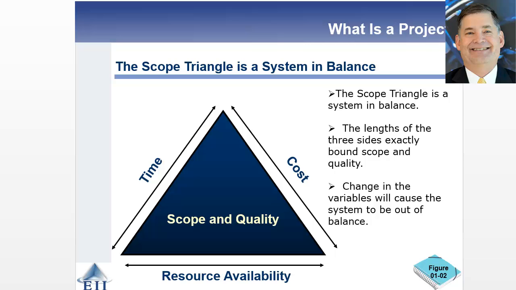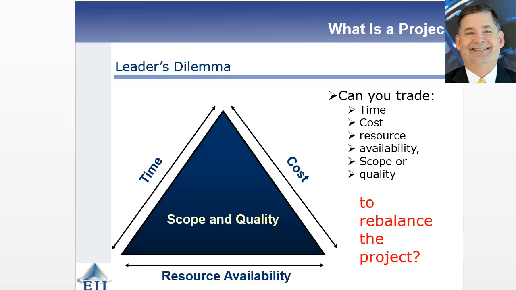So again, the idea is, can I trade time to increase scope, or can I trade cost to increase or decrease scope or quality or any of the other variables? And if you think about it, you can to a certain extent.